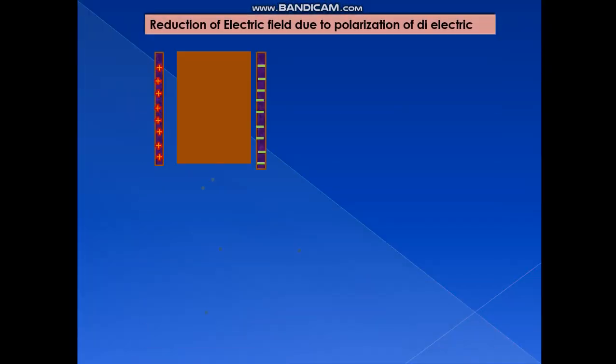So, let's see how the electric field is reduced due to the polarization of the dielectric. We have a dielectric placed in an external electric field, as shown. The moment this electric field is applied to the dielectric, the positive and the negative charges separate out, form dipoles, and are aligned in the direction of the field.